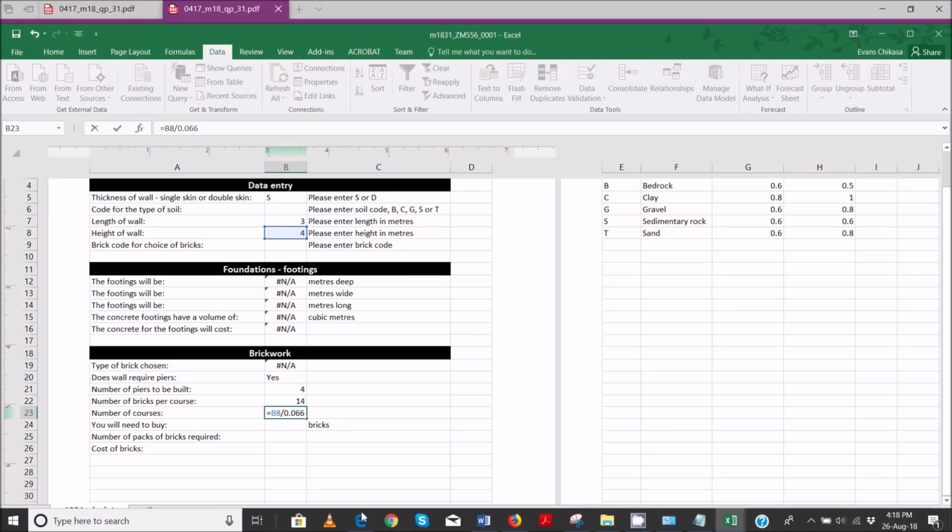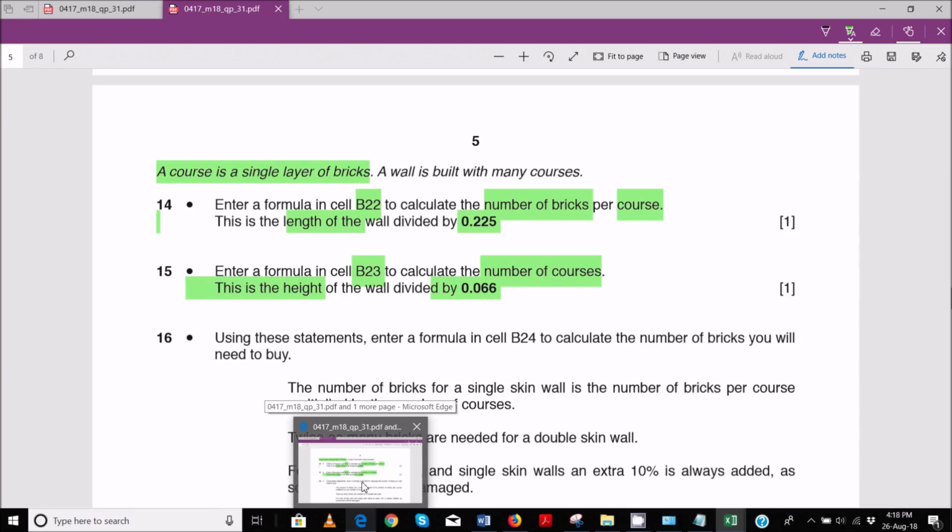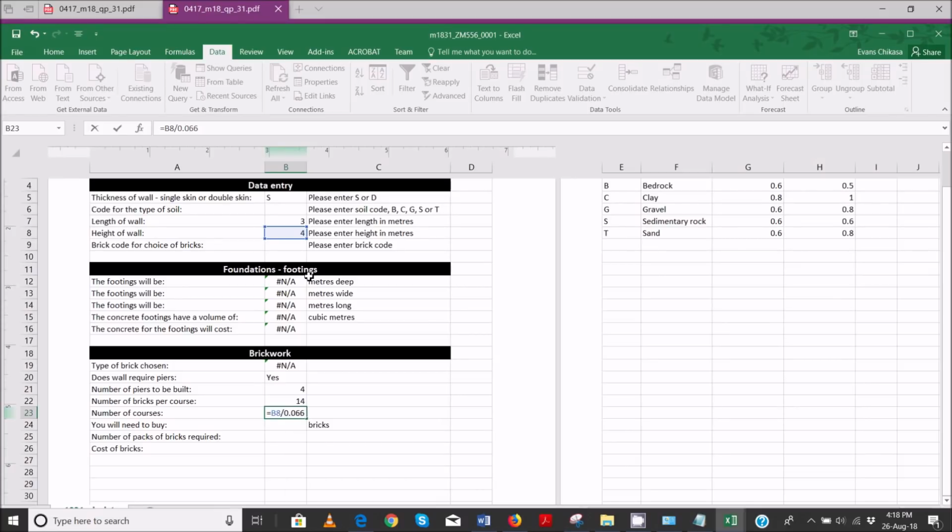So just check that you have the right value for division. Again, this is going to give you a fraction, so again you use round up, because you'd rather have excess than a shortage, to 0 decimal places.